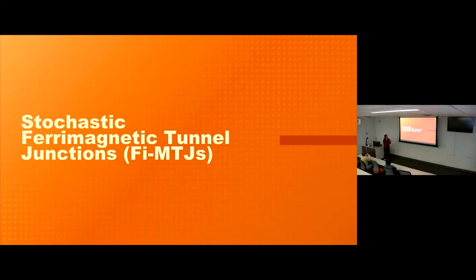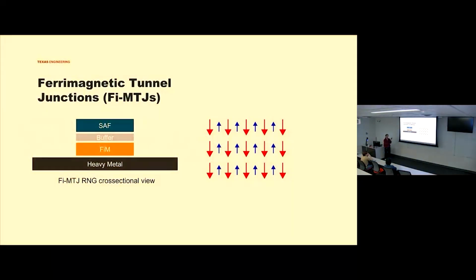So we're going to talk about ferrimagnetic tunnel junctions, where essentially you replace the ferromagnetic layer with a ferrimagnetic layer. A really brief review of what ferrimagnetism is: it's essentially anti-ferromagnetism, except each sublattice contributes differently, so you get a net magnetism.